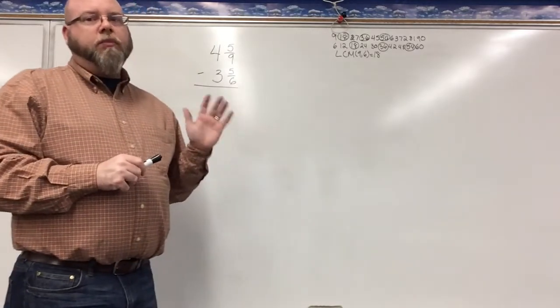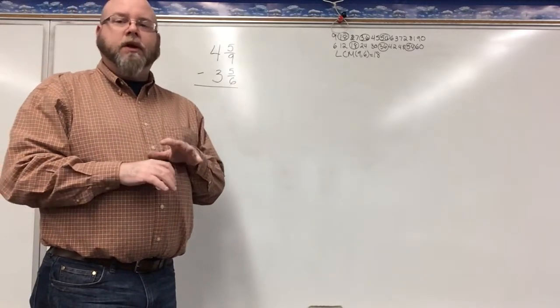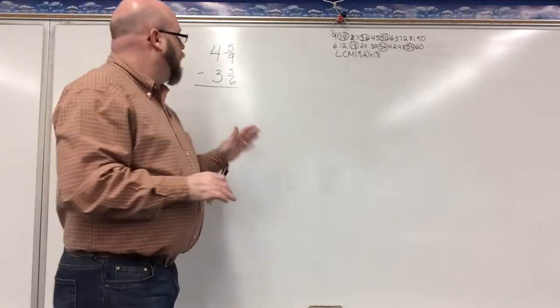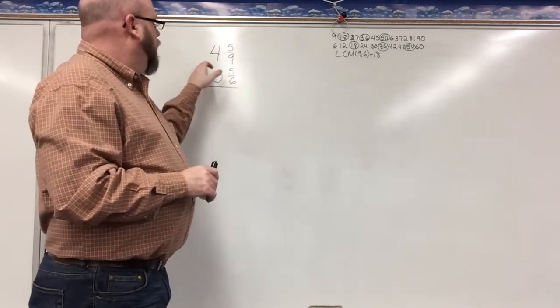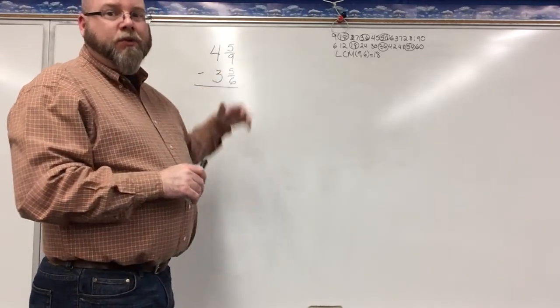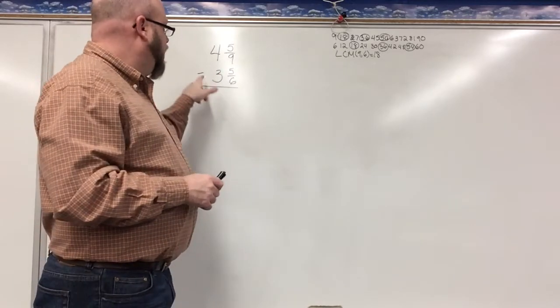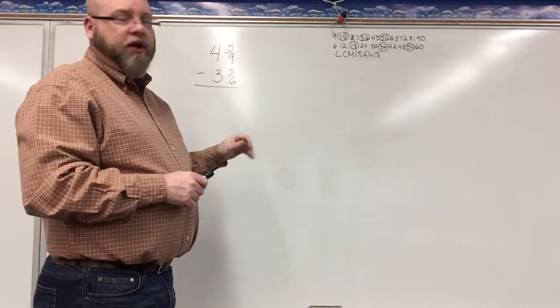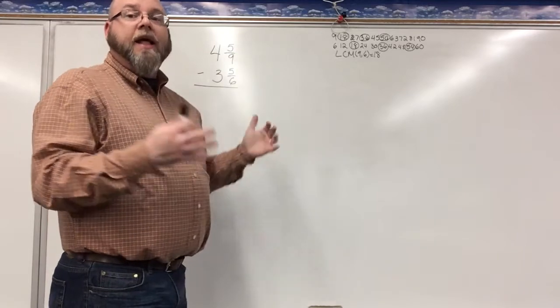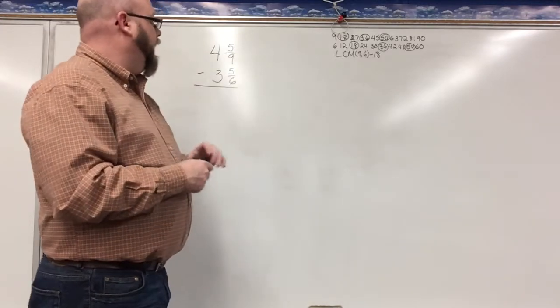Let's look at this same problem a third time and do it a completely different way. We want to change this mixed number into an improper fraction, and we want to change this mixed number into an improper fraction, subtract, and then see what our answer is. So let's do that.